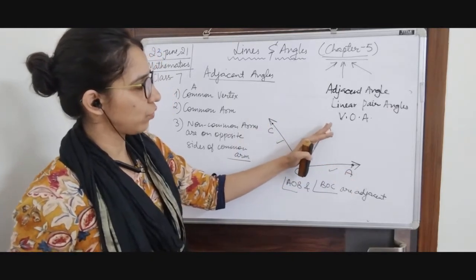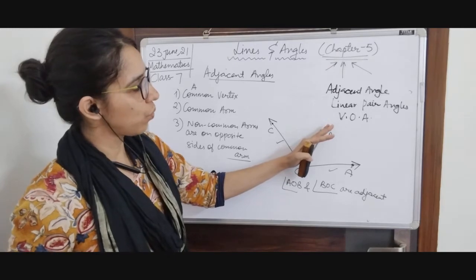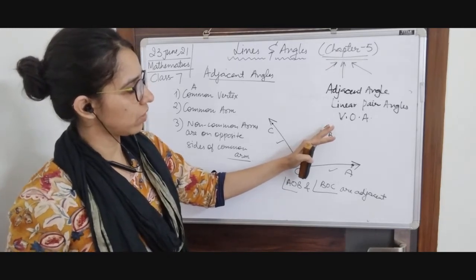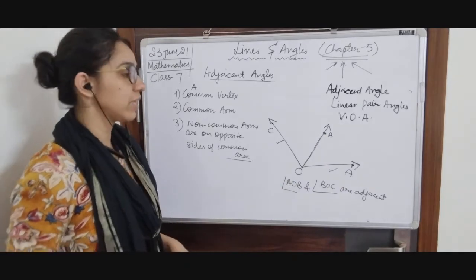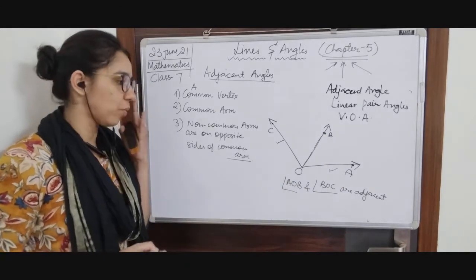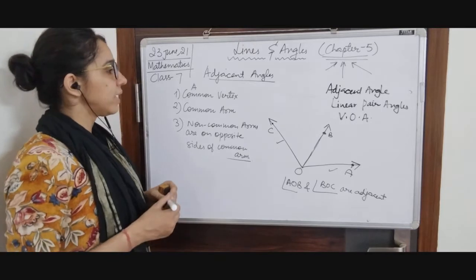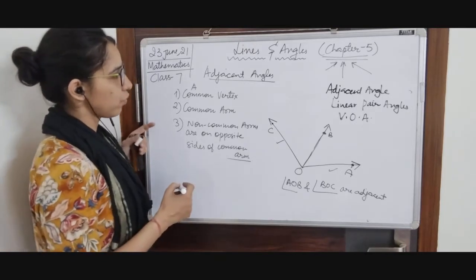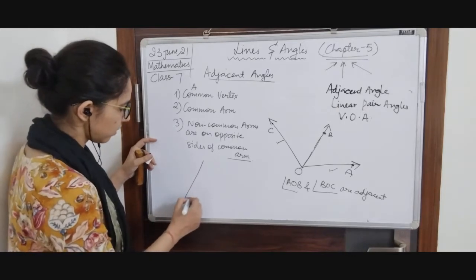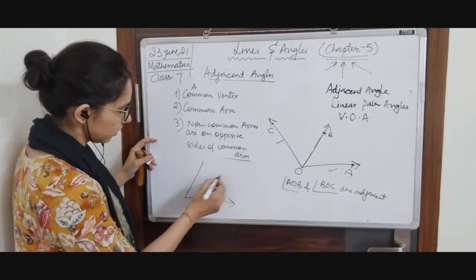If we have a common arm like this, and both the arms of the two angles are on one side, then they are not adjacent even if they have a common arm and common vertex. We can take an example of non-adjacent angles.